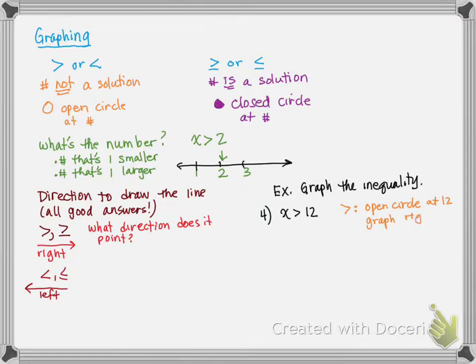Now, when you graph, you're going to exaggerate your graph for me, okay? And this is what I mean by that. We're going to draw our number line. We're going to put 3 tick marks because it's a whole number. 12 is going to go in the center. The number in front of 12 is 11, just like you would look at a number line, and 13 comes after 12. We're going to draw an open circle at 12 that says 12 is not a solution.